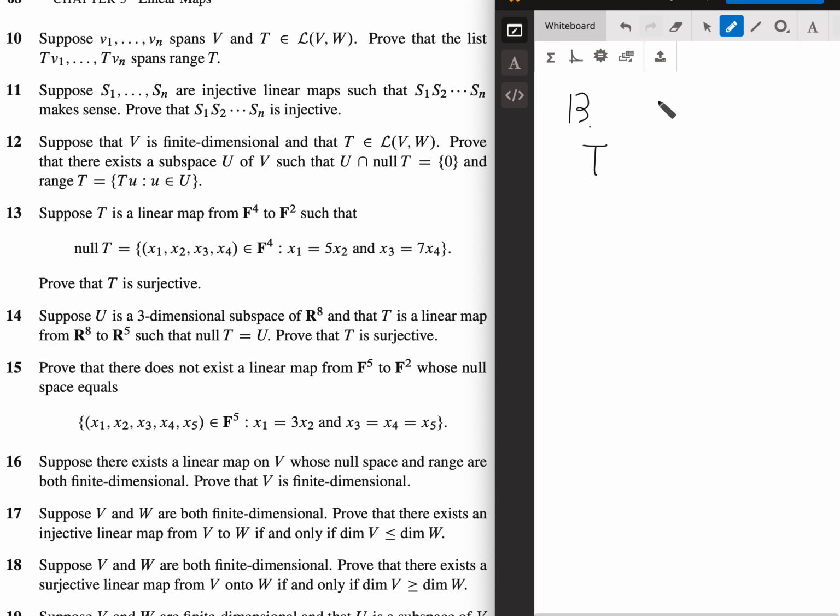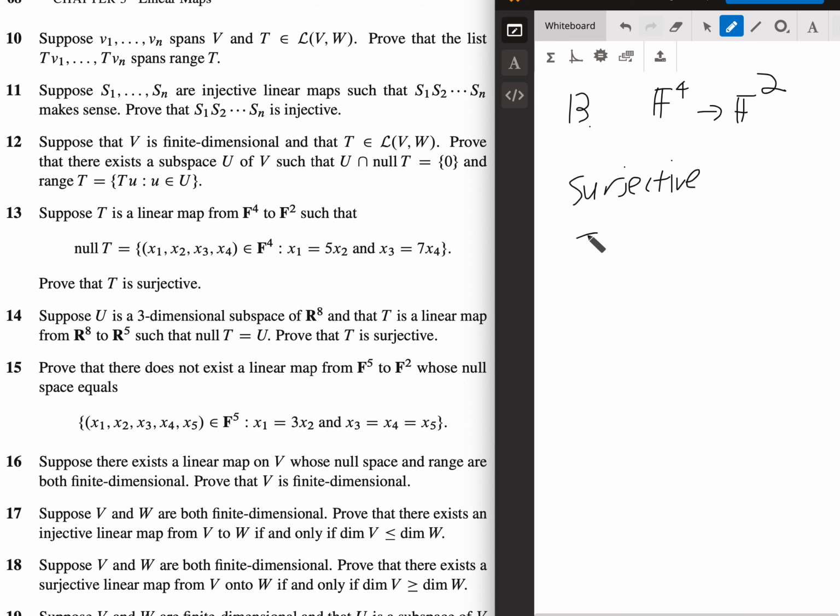Okay, so suppose T is a linear map from F4 to F2, such that you've got such a null space, and prove that it's surjective. Whenever you want to talk about surjectivity or injectivity or something like that, you want to look at the rank-nullity theorem. It's surprisingly helpful in many of these cases. Here I think it's called the fundamental theorem of linear maps.